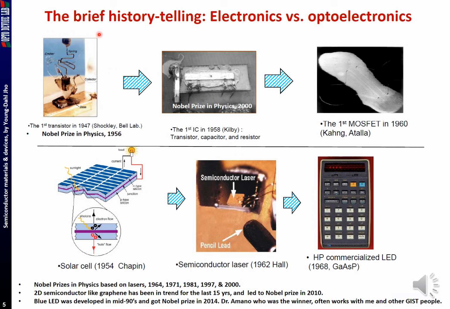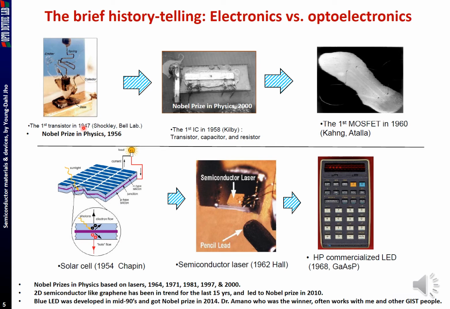A brief history: electronics versus optoelectronics. We are somehow familiar with transistor concepts. A transistor is a device which can amplify current or voltage. It was invented in 1947 at Bell Lab by some physicists.